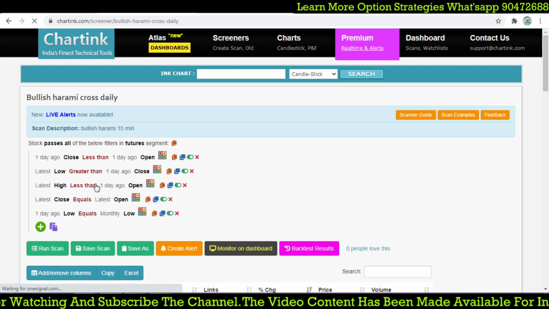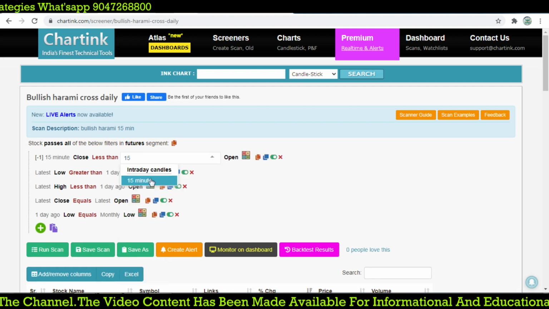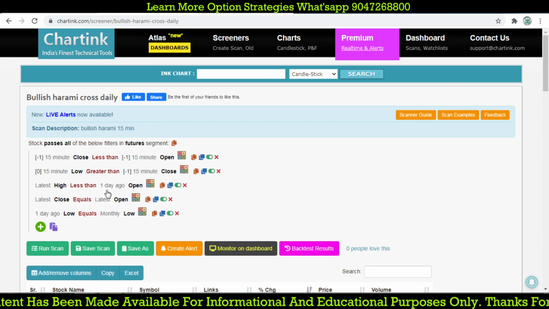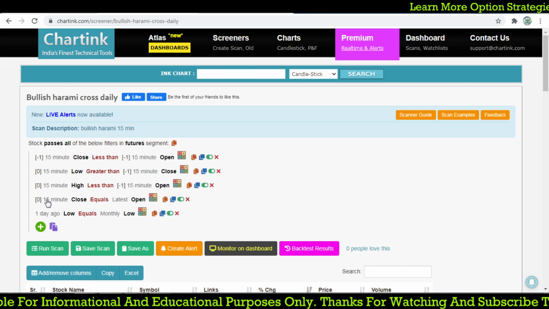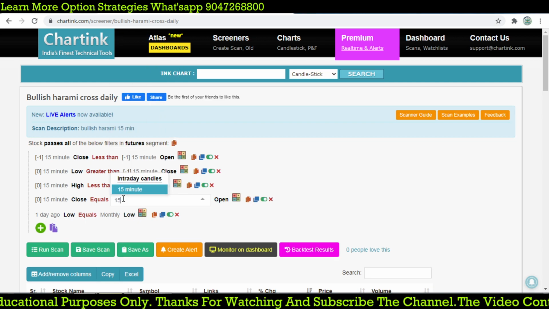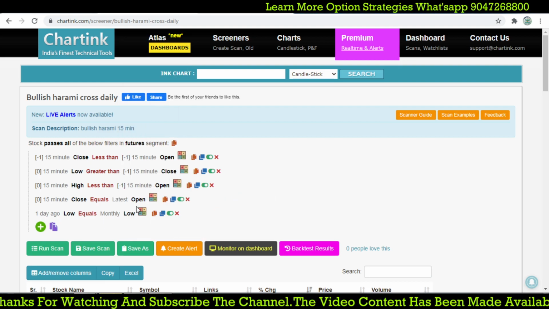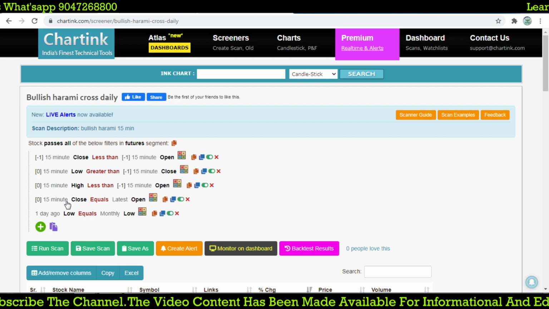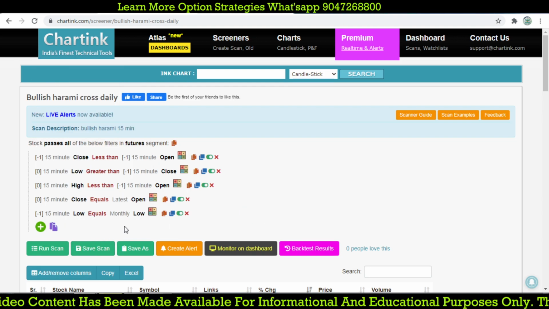Again we change it to the 15 minutes timeframe. This is 15 minutes minus 1 candle, again 15 minutes minus 1, and 15 minutes, latest 15 minutes close equal to latest 15 minutes open.